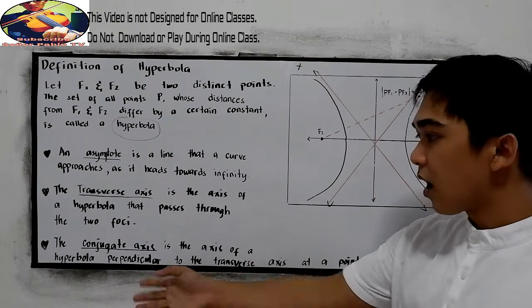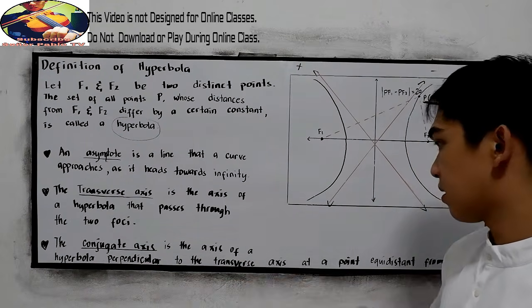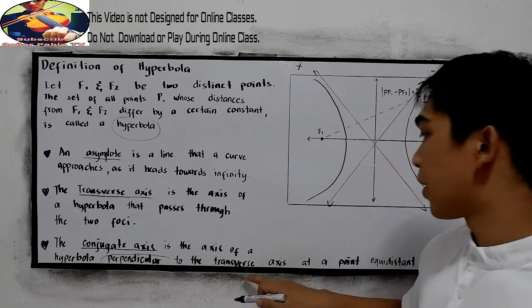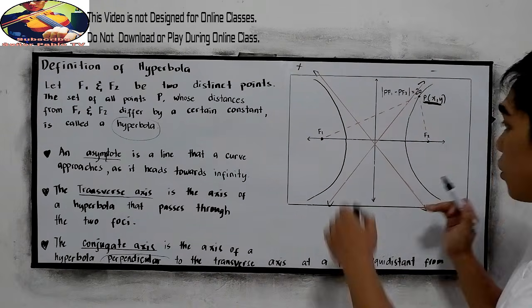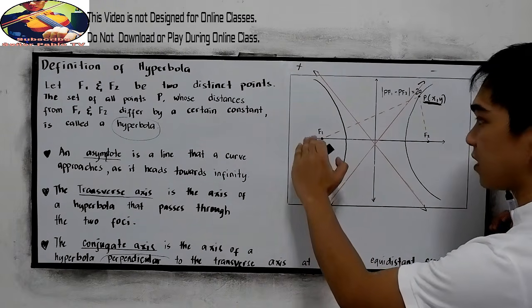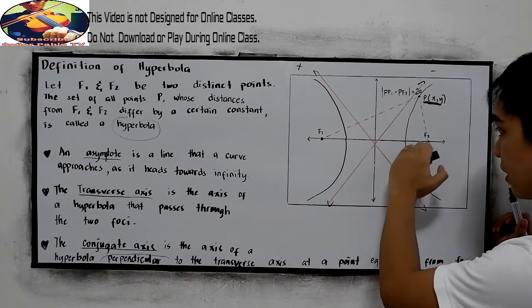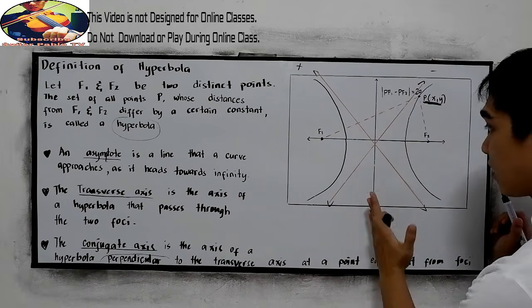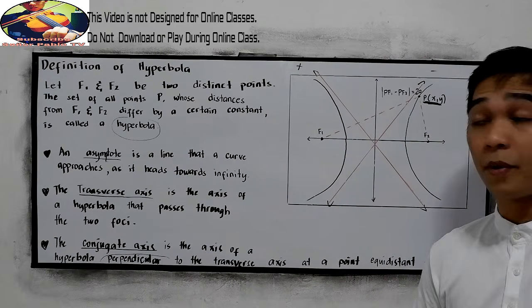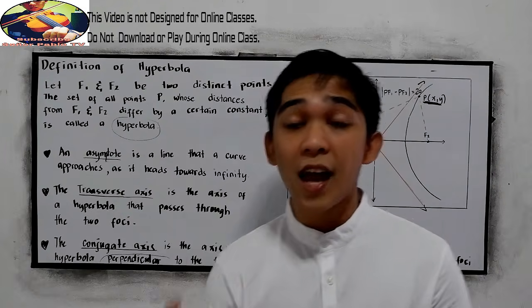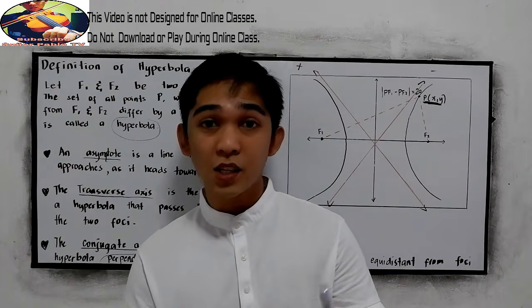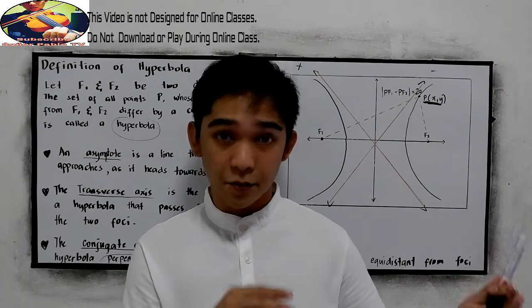So notice that a conjugate axis is perpendicular to our transverse axis. If our transverse axis is located here, our conjugate axis is vertical. They are perpendicular. To better understand, let us now proceed to our first example in the next video.